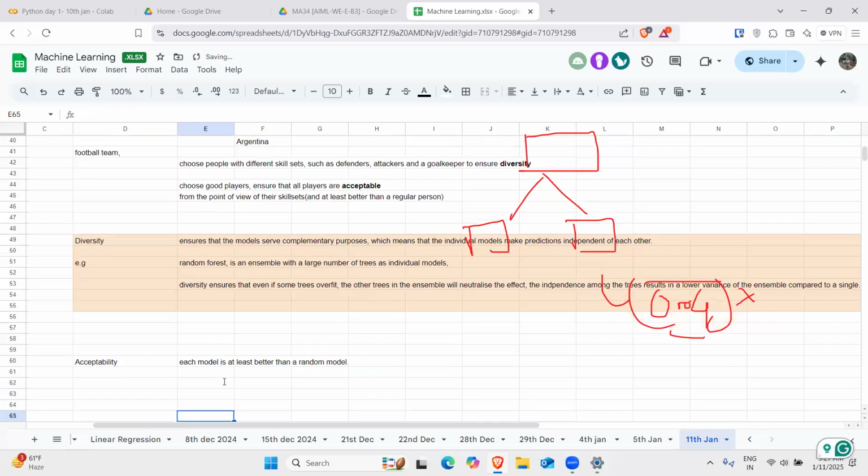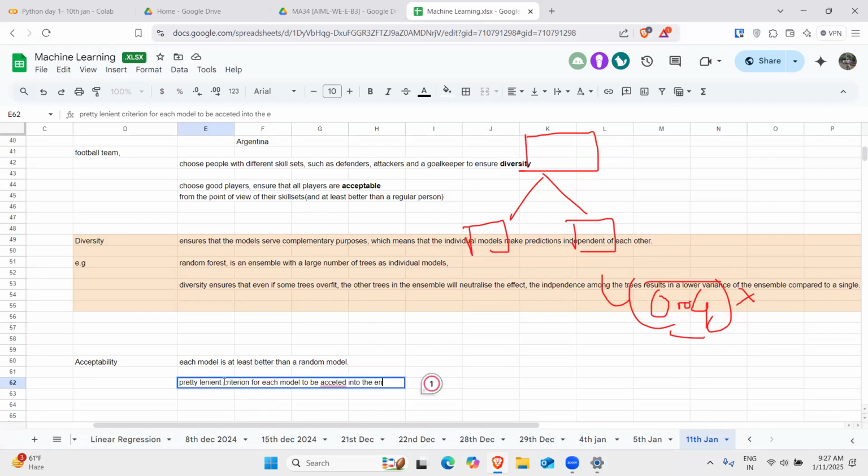And this is a pretty lenient criterion for each model to be accepted into the ensemble, right?